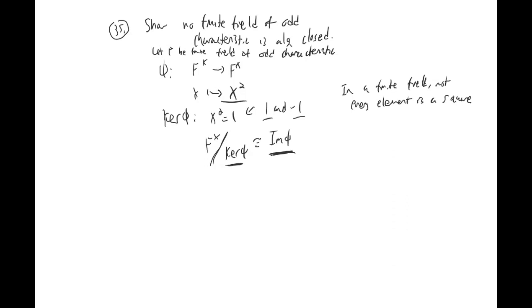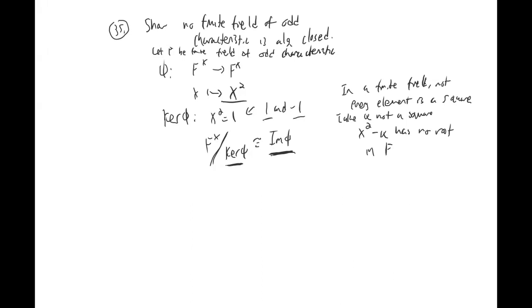So in a finite field, not every element is a square, and then we're not algebraically closed, because take alpha not a square: the polynomial x squared minus alpha has no root in F. If you had a root, then alpha would have been a square, by definition.